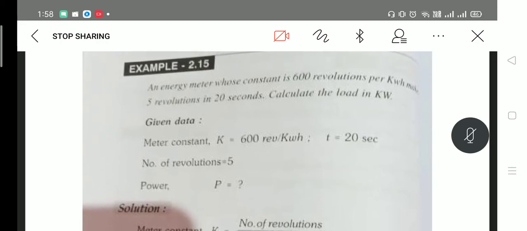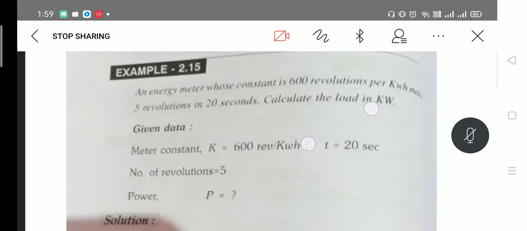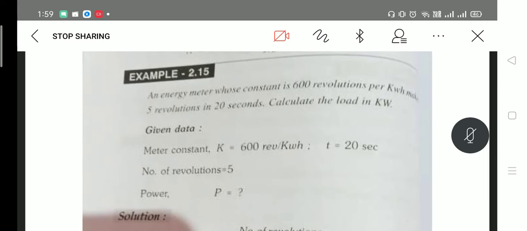Okay. The next problem is an energy meter whose constant is 600 revolutions per kilowatt hour. It has 5 revolutions in 20 seconds.